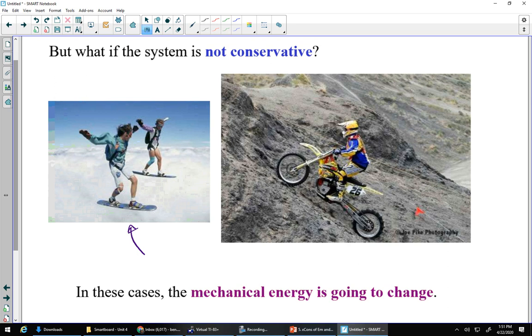If they are falling at a constant speed, that means they're losing gravitational potential energy, but their kinetic energy isn't changing. So they're just losing energy in this case. The dirt biker is gaining some mechanical energy. The skydiving snowboarders are losing some mechanical energy.